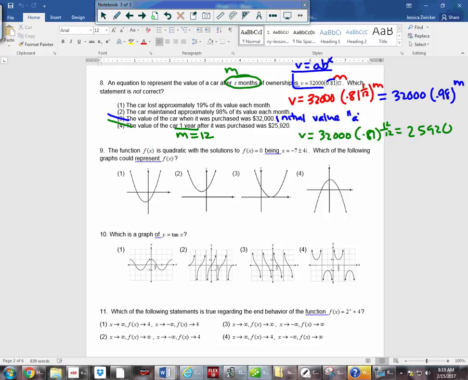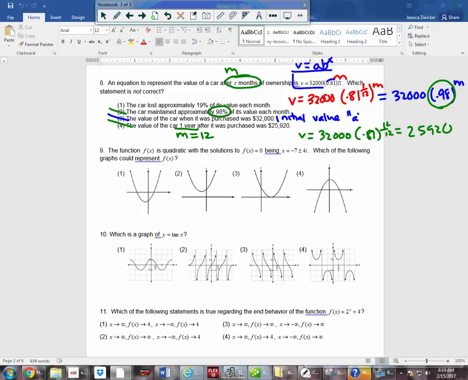Now, if we do that, my choices are the car lost 19% each month, or the car maintained 98% each month. Well, this 0.98 is less than 1. That's letting me know that the car maintained 98% of the value, less than 100%, 98% of the value each month.